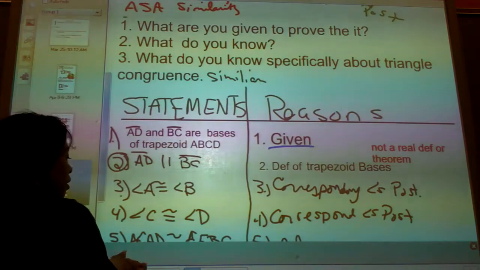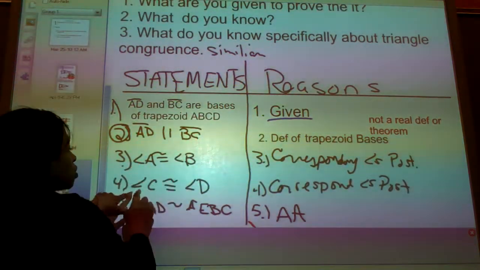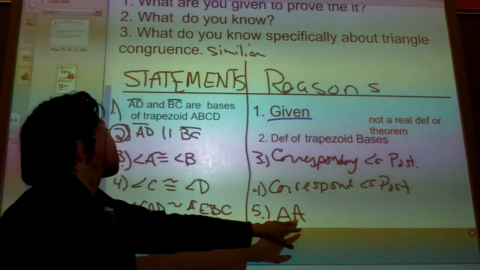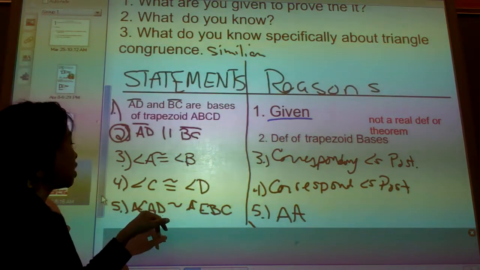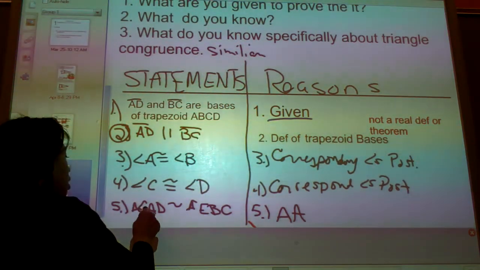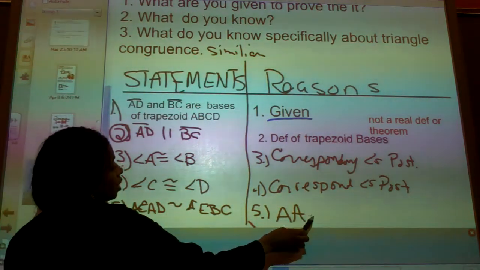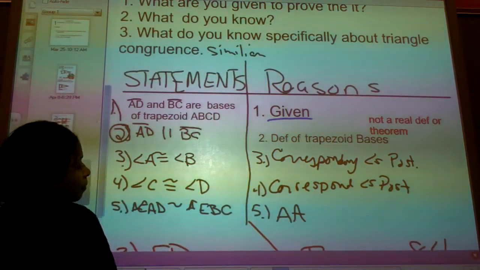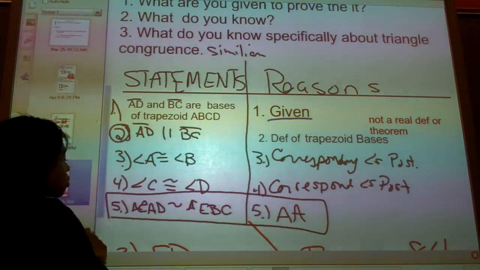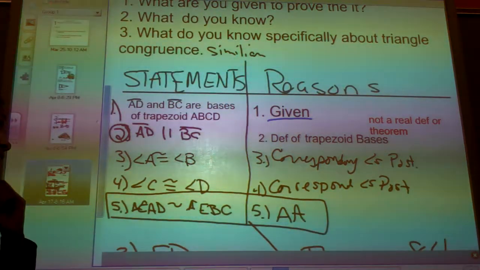Similar. So, because I have two pairs, this is my first pair of congruent angles, here's my second pair of congruent angles, that sounds like the angle-angle theorem. So that automatically means that triangle EAD is similar to triangle EBC. Triangle EAD is similar to triangle EBC, again by angle-angle. So that's one way to prove that these two triangles are similar. Again, it's a proof, so that means you can do more than one way.